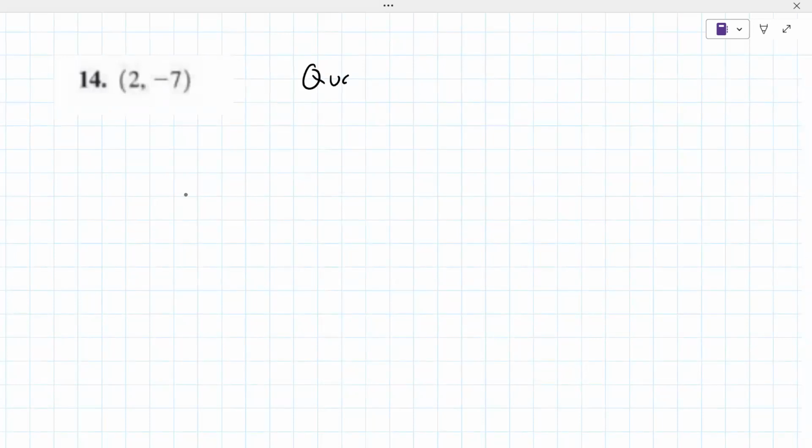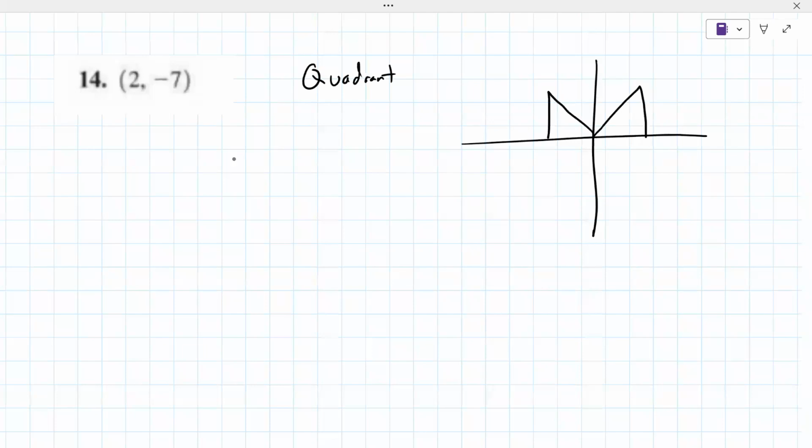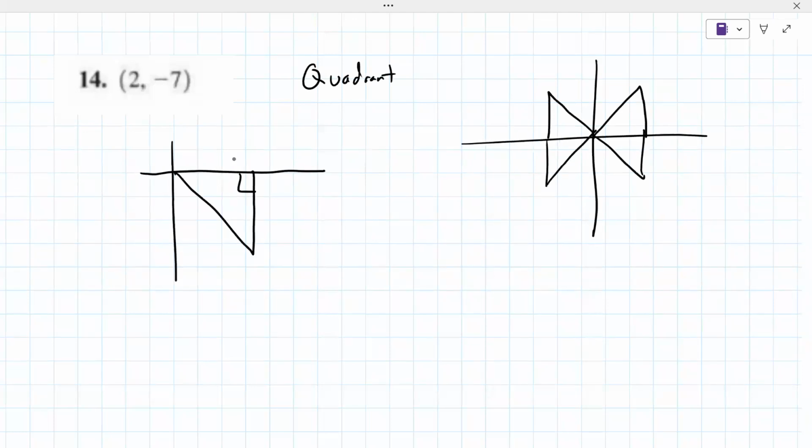So which quadrant does this point lie? Quadrant 4. So I talked about this idea that there's 4 reference triangles: quadrant 1, quadrant 2, quadrant 3, quadrant 4. Kind of looks like a bow tie. You want to draw that and then label the sides 2 and -7.